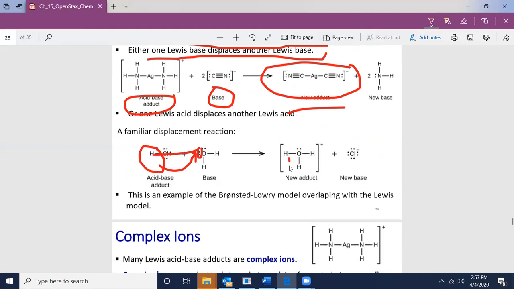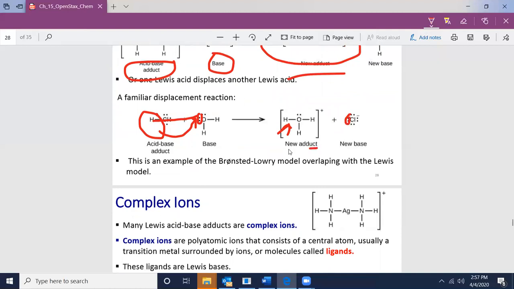Yeah, this bond. See, the chlorine keeps its lone pair; it is never given to anything. So hydronium ion is a new adduct from the acid in the water. This is an example of the Bronsted-Lowry model overlapping the Lewis model. So certain Bronsted-Lowry acids are also Lewis acids as well, but that's not true for all of them.